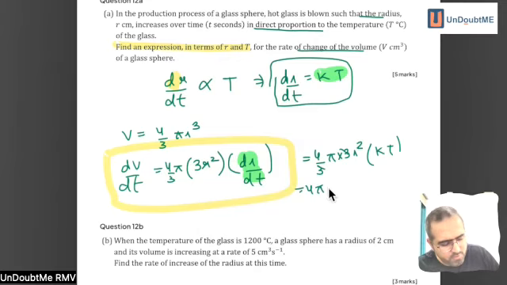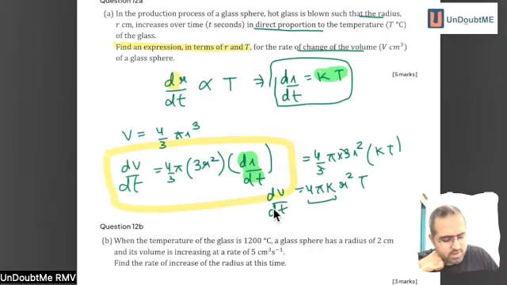I'm getting 4 pi k r square t. 4 pi k is a constant, so you can replace it by some constant, or keep it in this form only. This is the final answer.